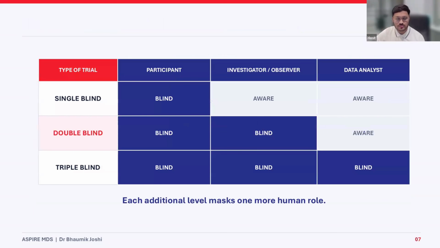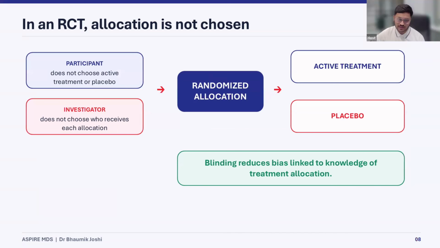Again, just for a quick review: in a single blind trial, only the participant is blind, the investigator and data analyst are not. In a double blind trial, the participant and the investigator are blind, the data analyst is not. And in a triple blind trial, all three of them have the blinding. One more thing: in the randomized control trial, the participants cannot choose whether the active molecule or the placebo is given to them.